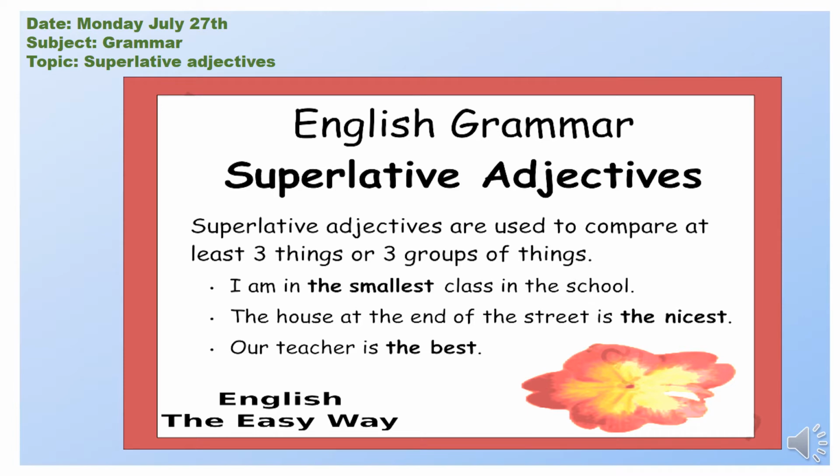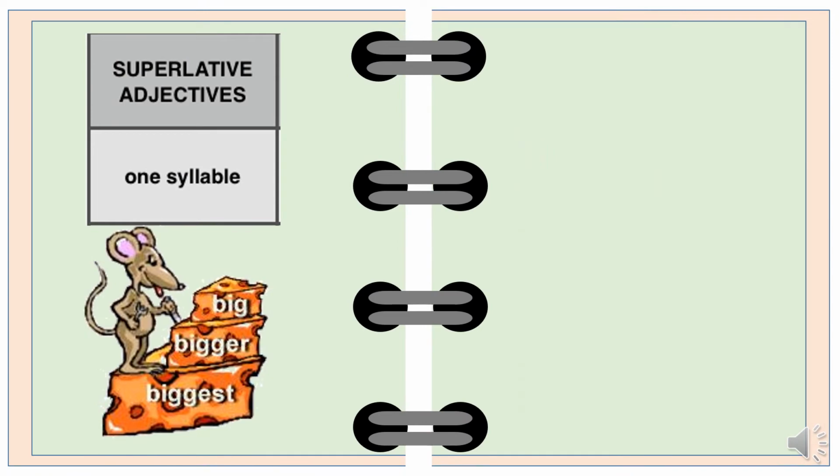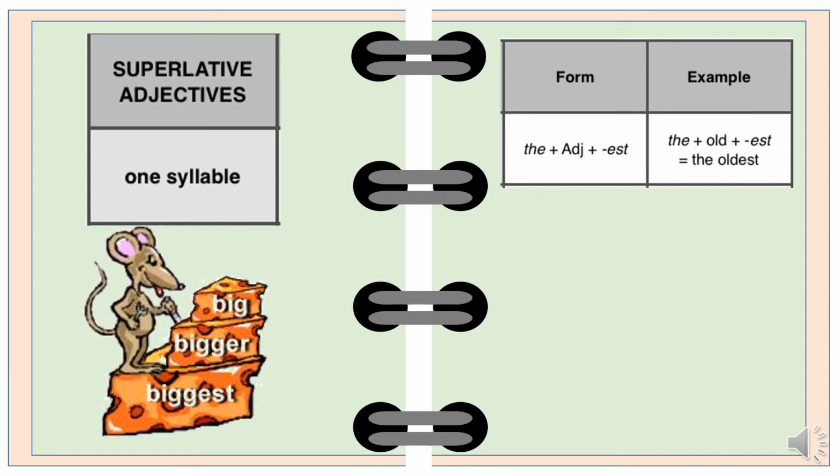Okay, guys, I have some more examples so you can understand better. Superlative adjectives when a word only has one syllable. For example, big only has one syllable. So when are we going to know when it's a superlative adjective? Okay, we have a form.